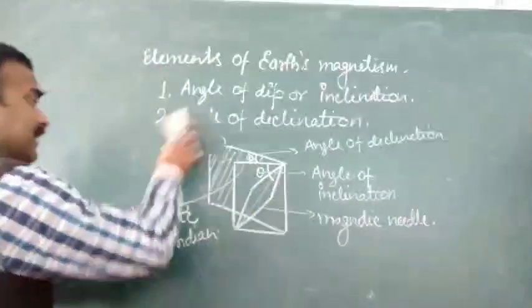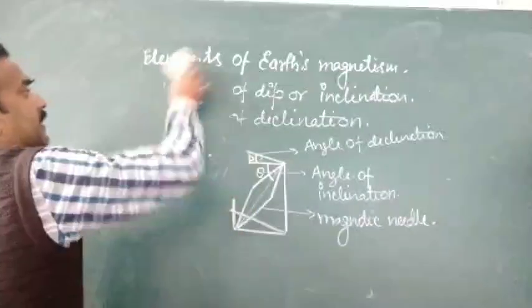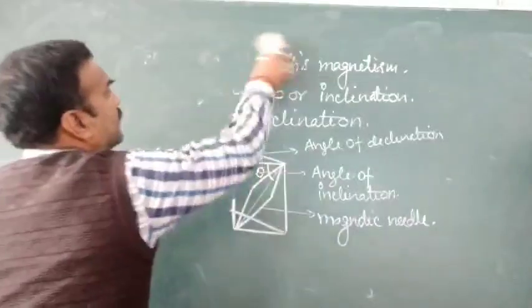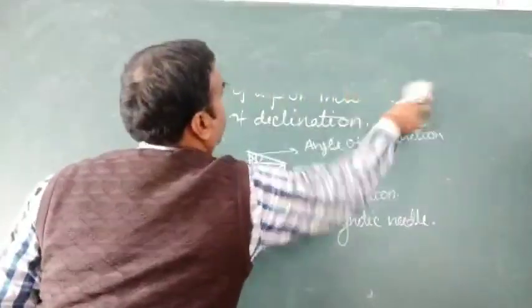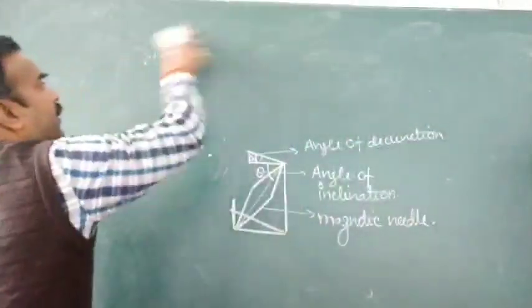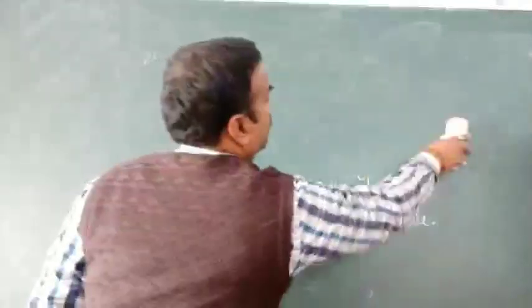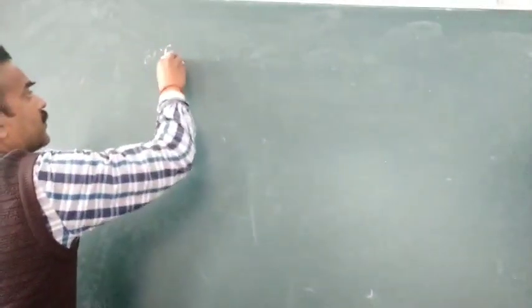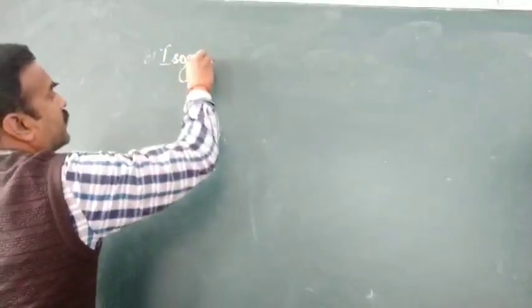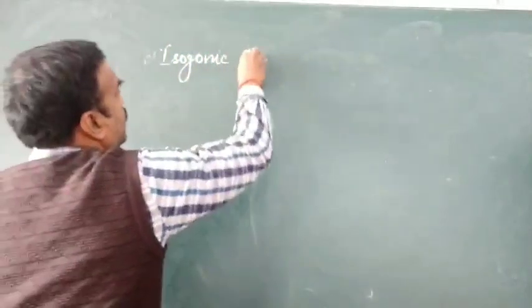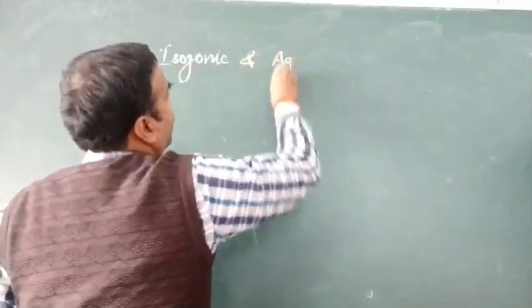Now the next topic I will explain: how we can define isogonic and agonic lines.